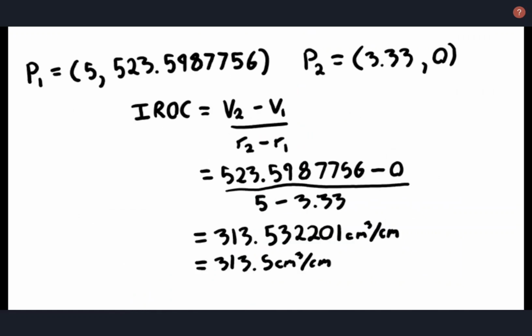We plug in the coordinates 5, 523.5987756, and 3.330 into the equation v2 minus v1 over r2 minus r1, and get the slope of approximately 313.5 centimeters cubed per centimeter. Since the value is very close to our value when solving for IROC algebraically, we know we have done this process correctly.